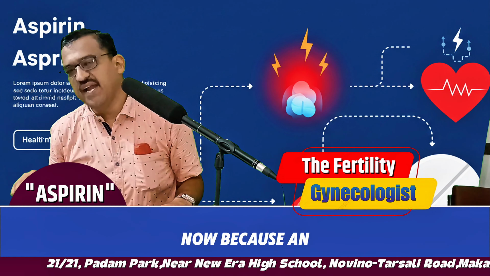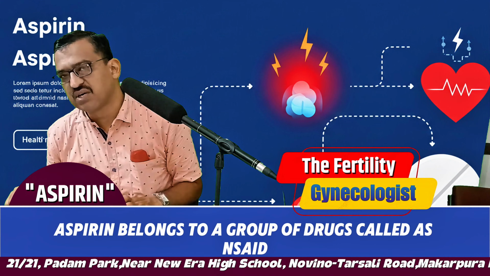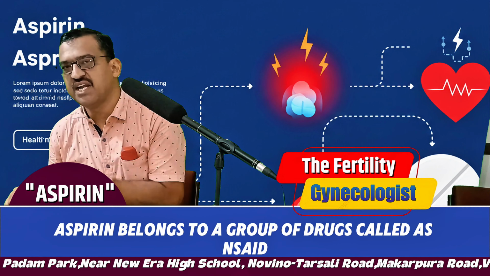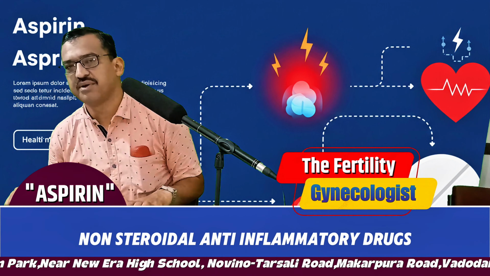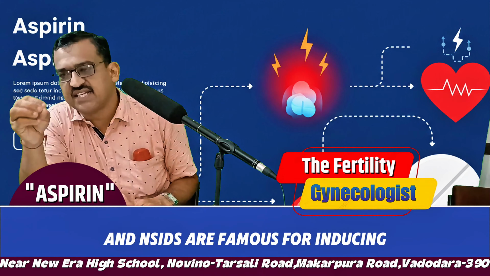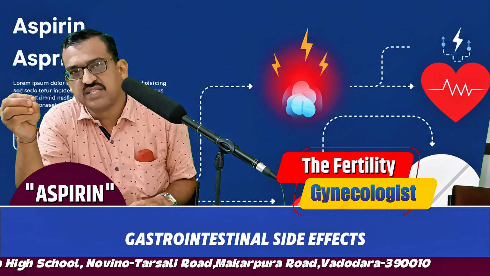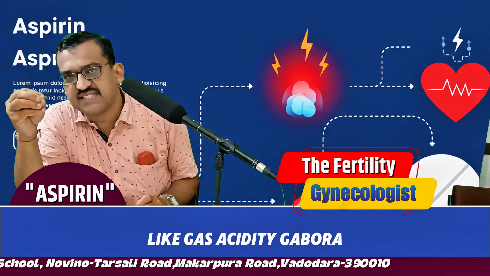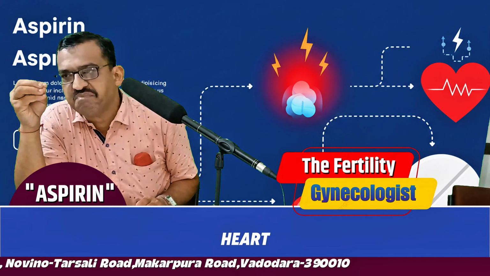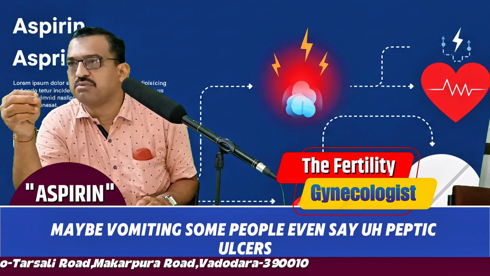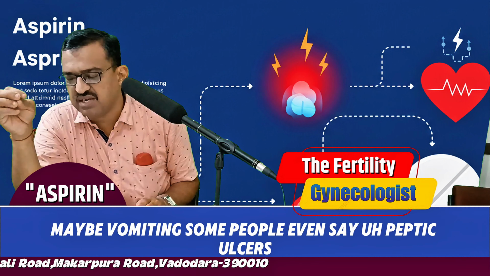Now, aspirin belongs to a group of drugs called NSAIDs, non-steroidal anti-inflammatory drugs, and NSAIDs are famous for inducing gastrointestinal side effects like gas, acidity, restlessness, maybe vomiting. Some people even say peptic ulcers.